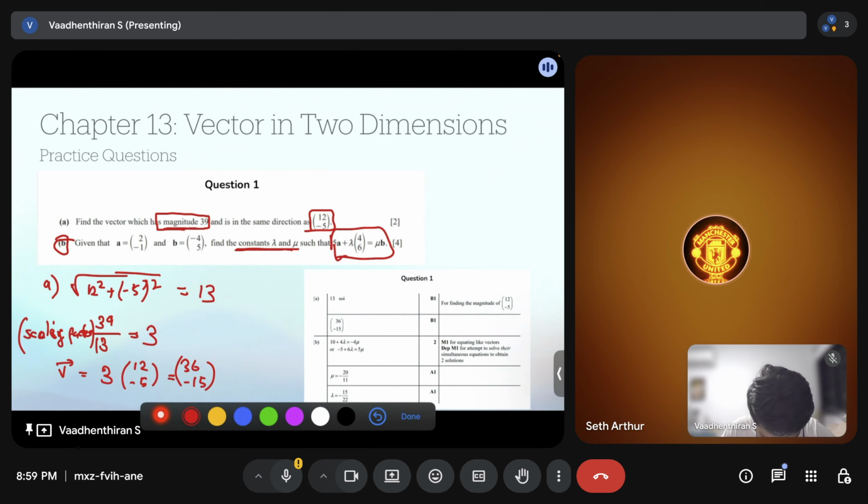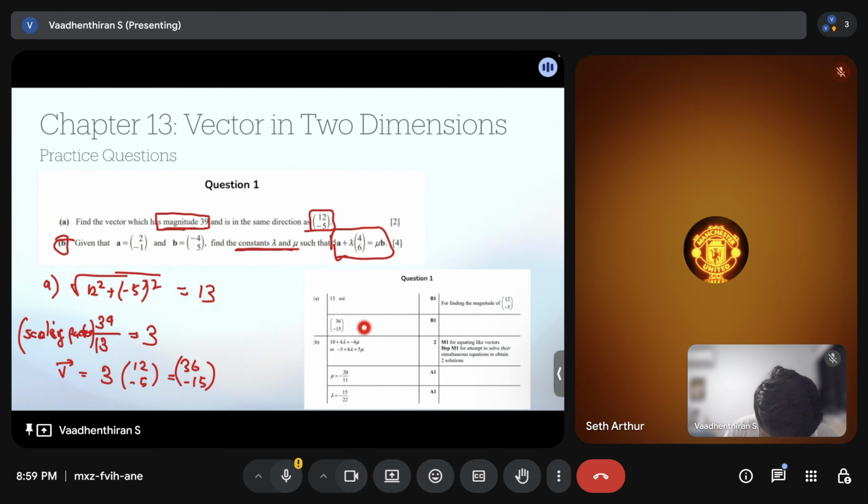So this is how the mark scheme answer goes. We saw for the first part it's 13, 36, and this is 1 mark, and this is (36, -15). So this is how you do it.